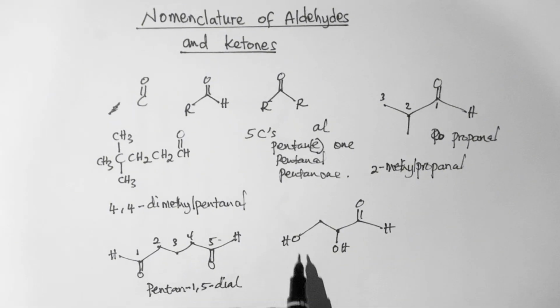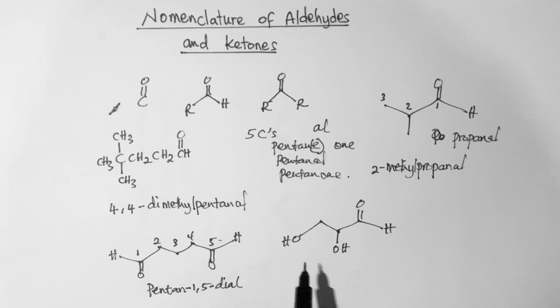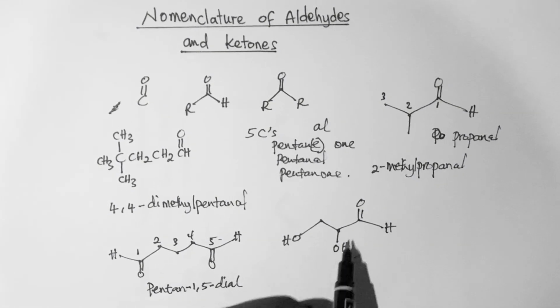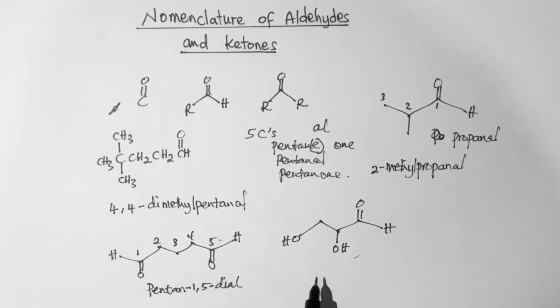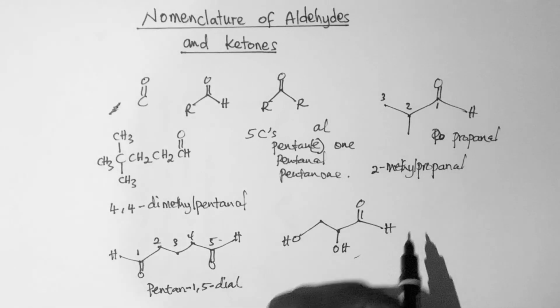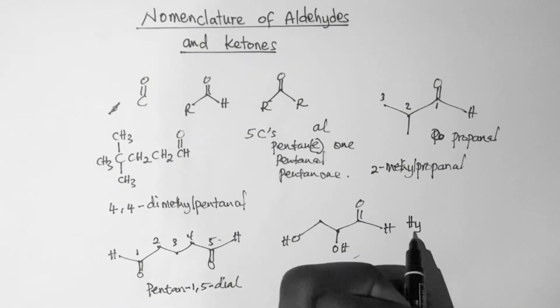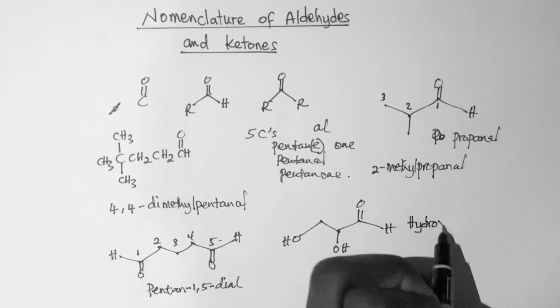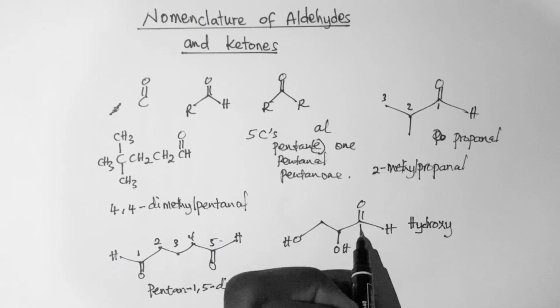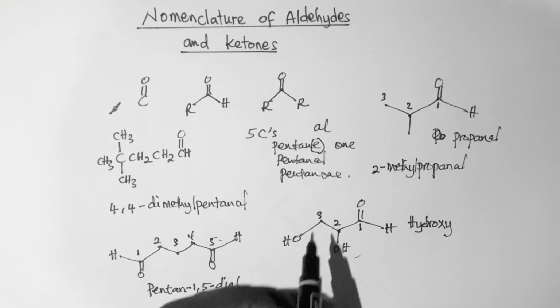So let's consider this case. You see that in this case, we have 2 functional groups. We have an OH functional group, and then we have the aldehyde functional group. Anytime an alcohol is acting as a substituent, it is named as hydroxy. But there are 2. Let's name the carbons. This is carbon number 1, carbon number 2, and carbon number 3.